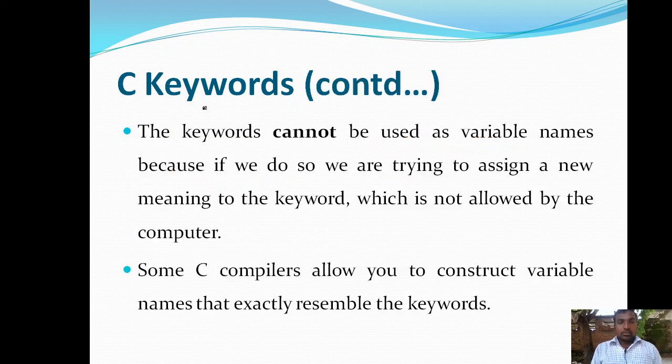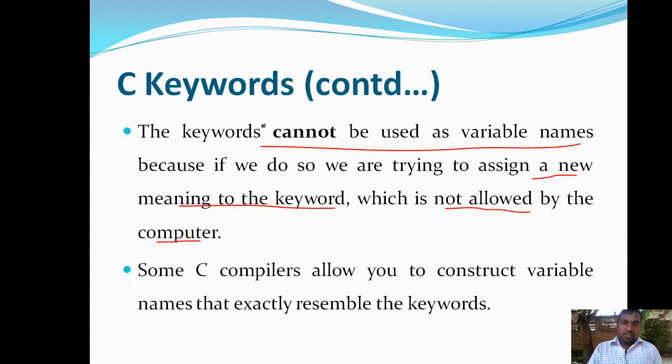Here, a keyword cannot be used as a variable name, because if we do so, we are trying to assign a new meaning to the keyword, which is not allowed by the compiler or computer. For example, int is one keyword, and void is another keyword.